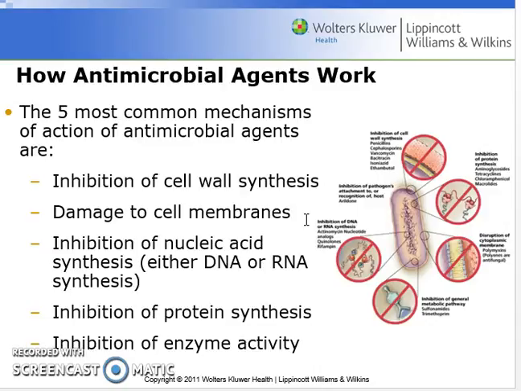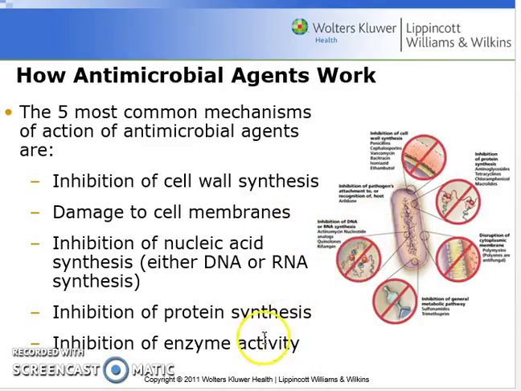The next group is nucleic acid synthesis inhibitors, which means we produce an antibiotic treatment used to destroy DNA or RNA synthesis, or that disrupts any of the processes that take place in the central dogma theory. We'll talk a little more about those in a second when I blow up this figure.